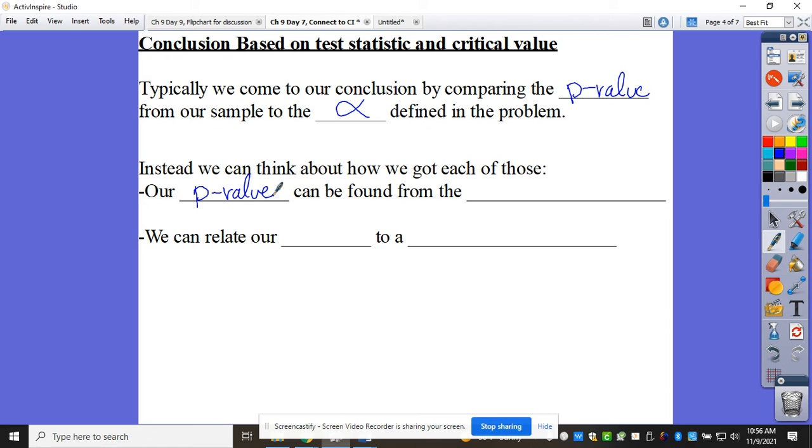You probably have what line? It's the shading from the line, but that line is my what? Look at a problem right in front of you and think about it. Test statistic.